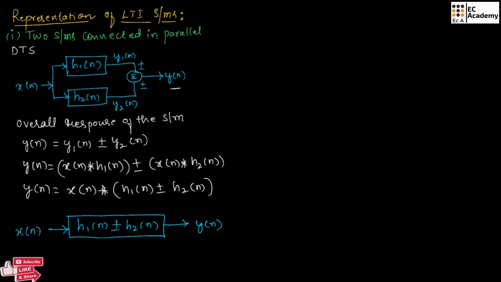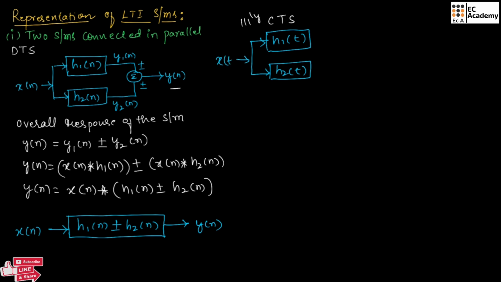Similarly, for continuous time system, if we take two systems in parallel, which is h1 of t connected in parallel with h2 of t with input x of t, with summation, output y of t.